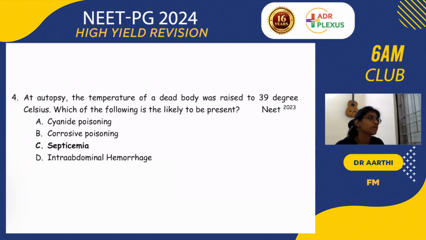Okay, let's see the next one. At autopsy, the temperature of the dead body was raised to 39 degrees Celsius, which means the body temperature has raised above normal. They have not used the word postmortem, but they have said at autopsy, which means they are talking about postmortem caloricity. Now postmortem caloricity is seen particularly in conditions with S, right?